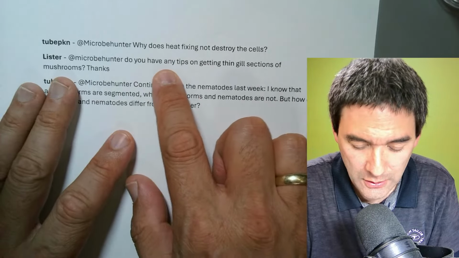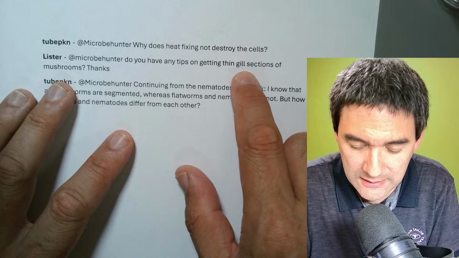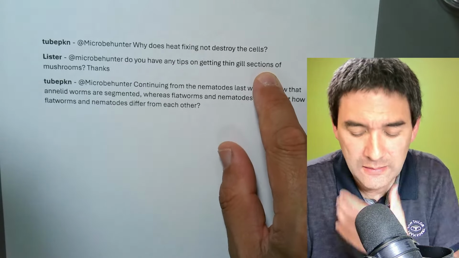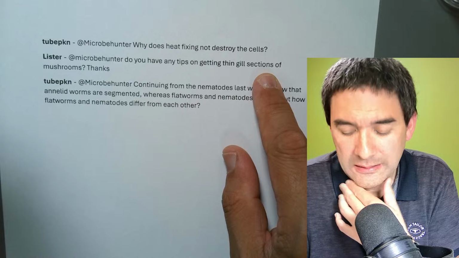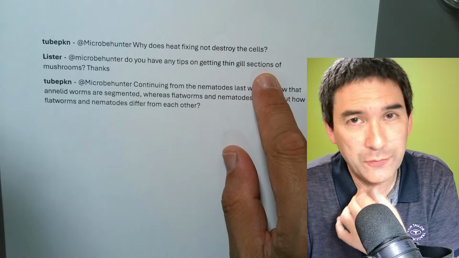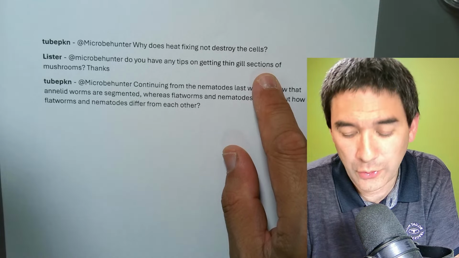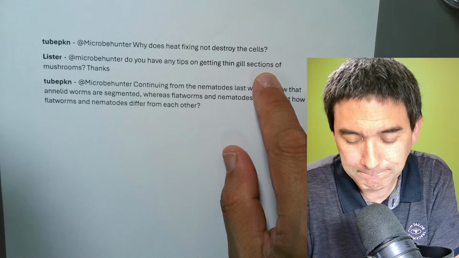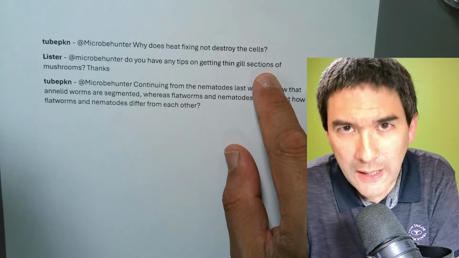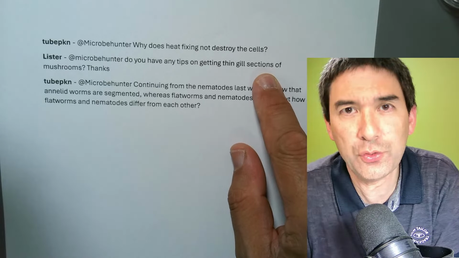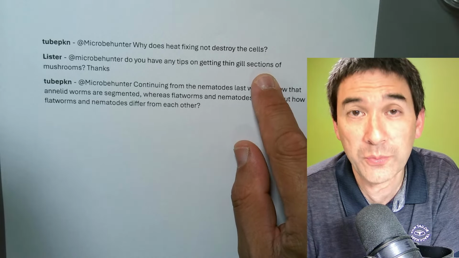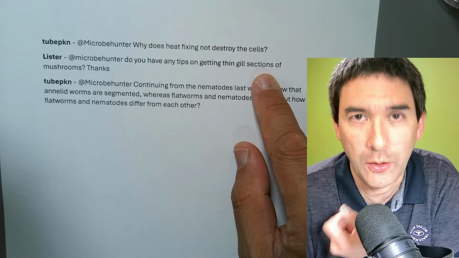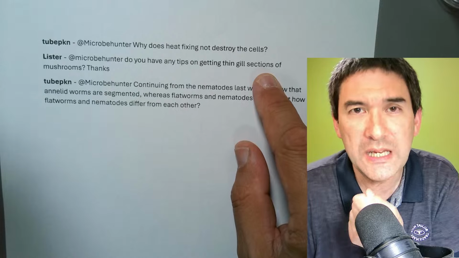Do you have any tips on getting thin gill sections of mushrooms? I know what you mean. You'd have to microtome them, but how are you going to microtome them? What I have tried once is to take some tweezers, and because the gills of the mushrooms, which form the spores, are relatively soft, I was able to compress them.